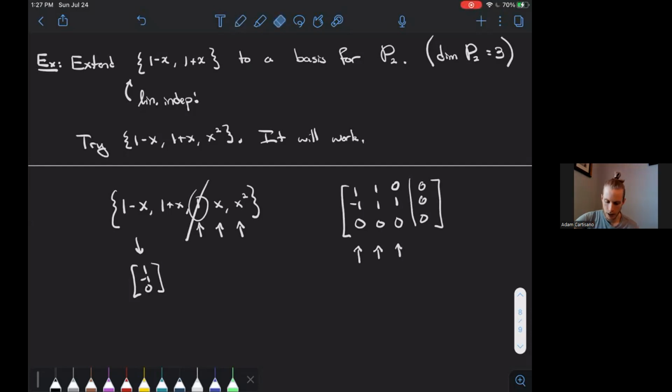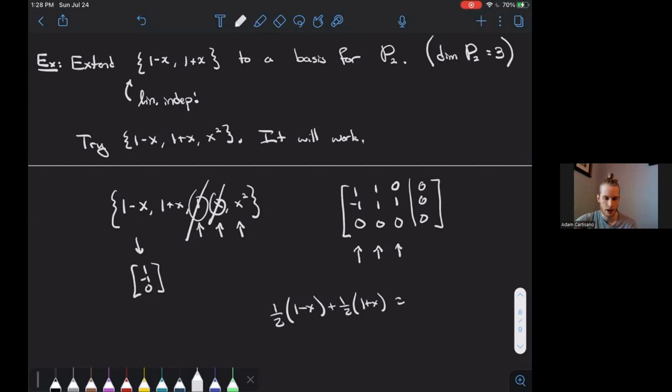Okay. So again, because there's a free variable in this system, x can be written as a linear combination of the other two vectors. I don't know what the linear combination is. However, I could find it just by simply row reducing. I think we could probably do this by inspection. If you did 1/2 of the first polynomial and 1/2 times the second one, that'll be 1/2 minus 1/2 x plus 1/2 plus 1/2 x.